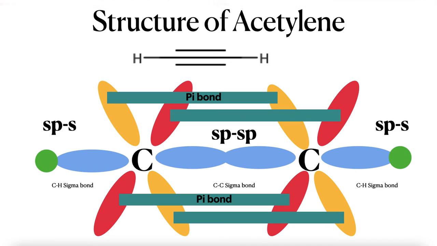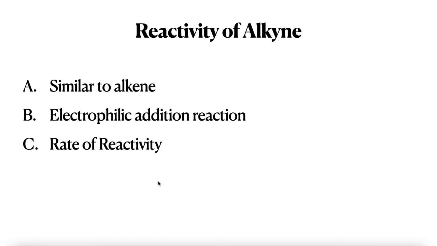These two pi bonds, which are in planes at right angles to each other, form a shield around the sigma bond. This is the structure of acetylene.